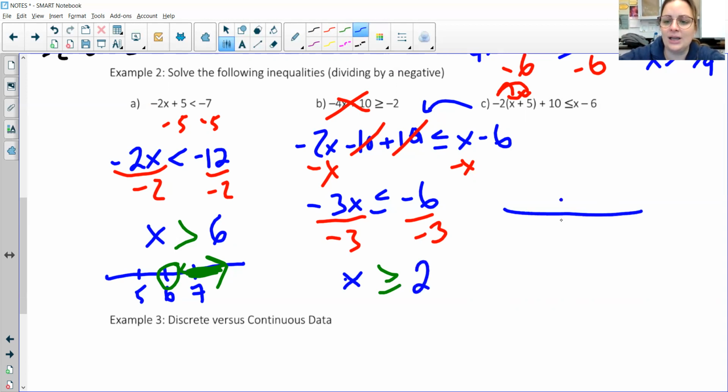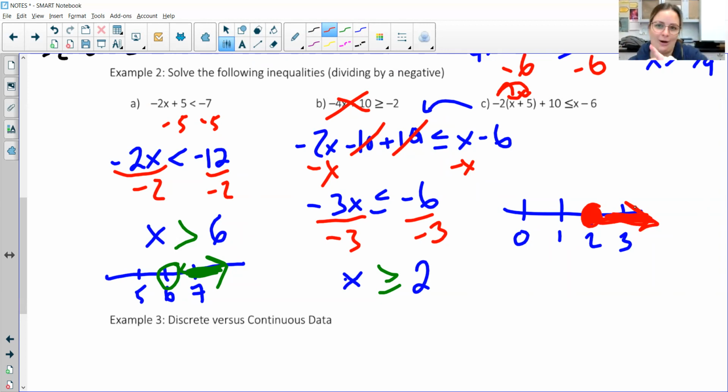So on a number line, 0, 1, 2, 3, I would fill in the 2, because it can be equal to 2. 2 is a part of the solution, and it's greater than. So once again, it's everything above. I just realized all my examples were greater than. If it was less than, you would do the arrow in the opposite direction.